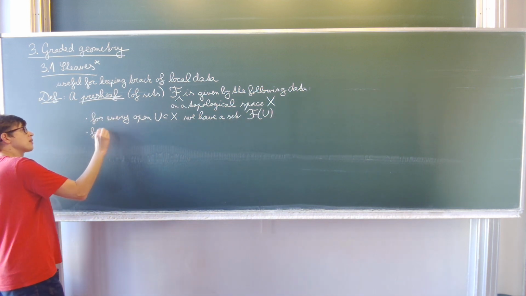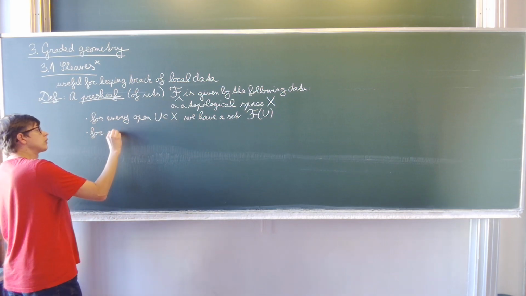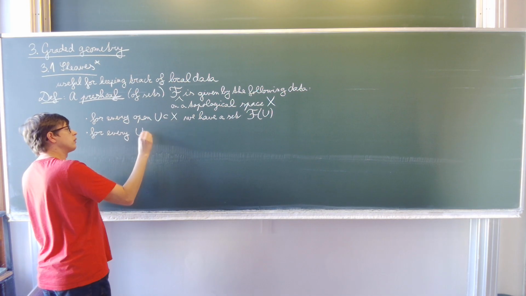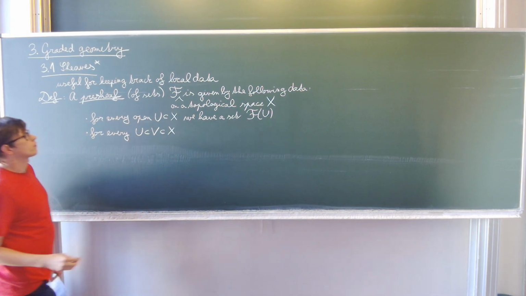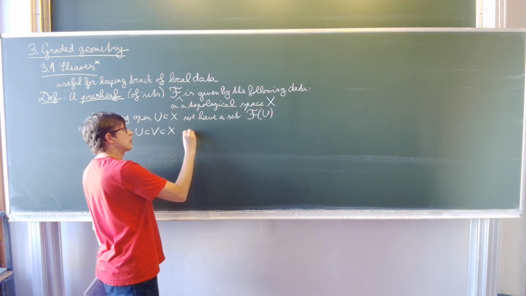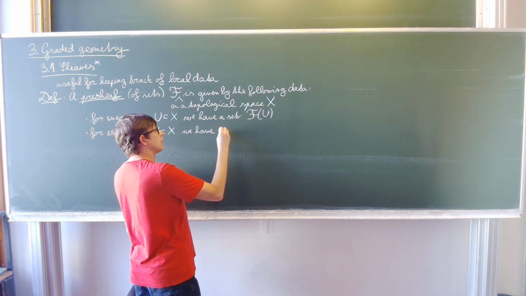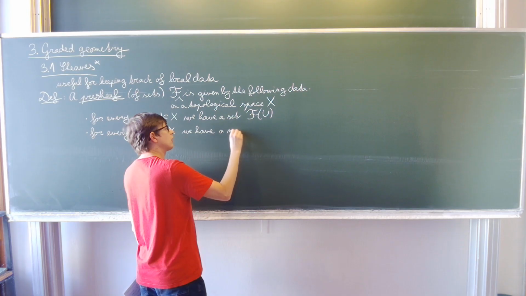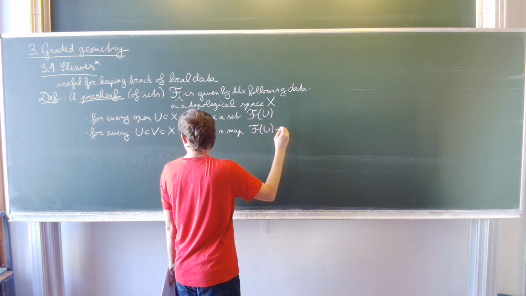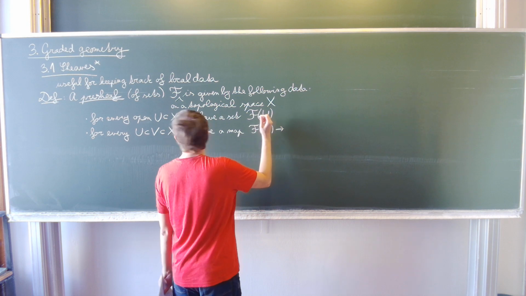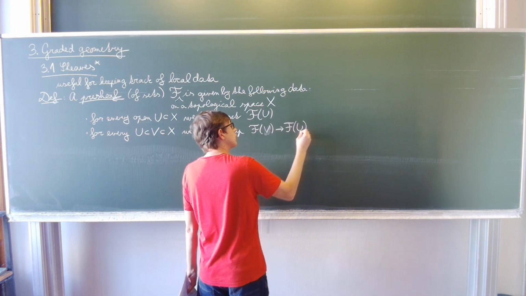And we have a bunch of maps. So if we have two open sets, U inside V, this induces a map between the corresponding Fs. We have a map from the bigger one to the smaller one.